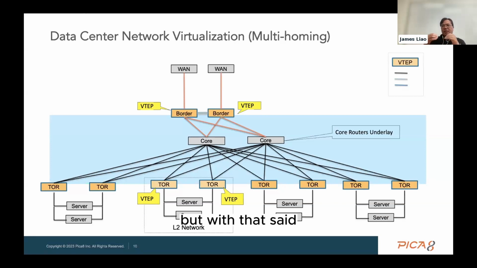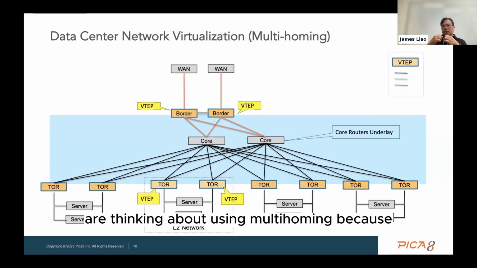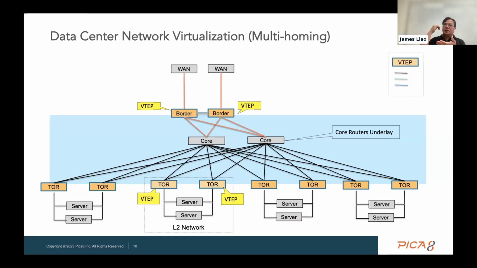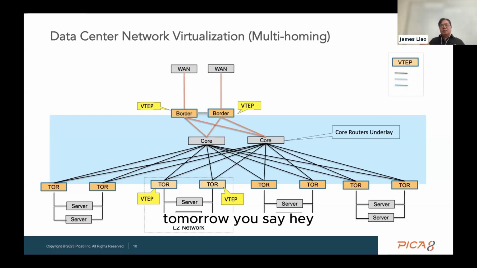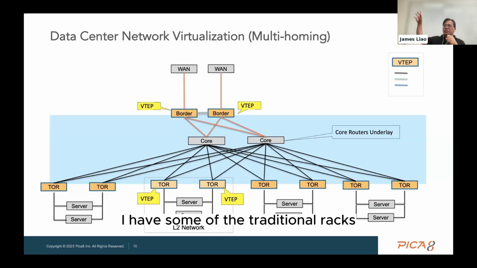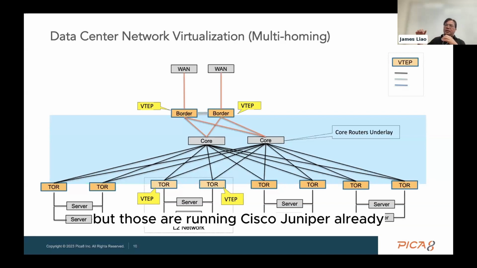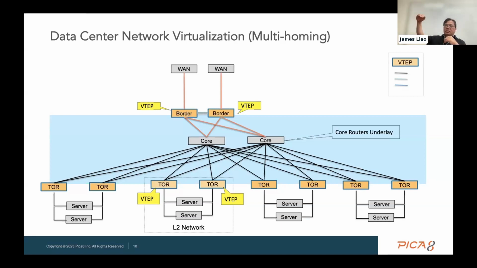But with that said, the majority of our customers are thinking about using multi-homing because it's an open standard. It's not a proprietary solution. If it's an open standard, today you are using PKI with the open network. Tomorrow you say, hey, I have some traditional racks, but those are running Cisco, Juniper already with multi-homing.